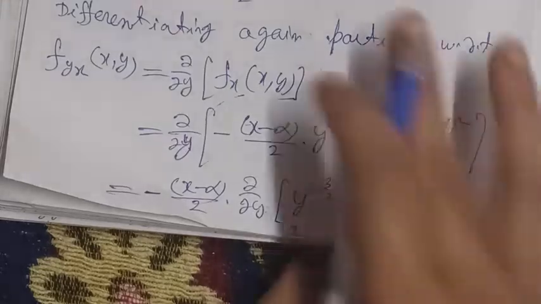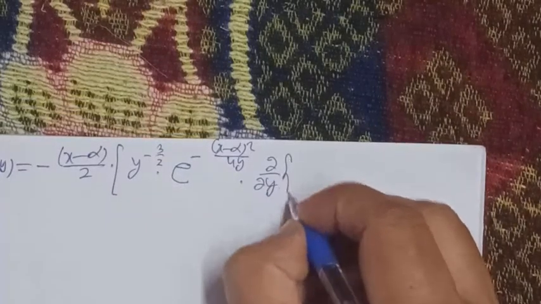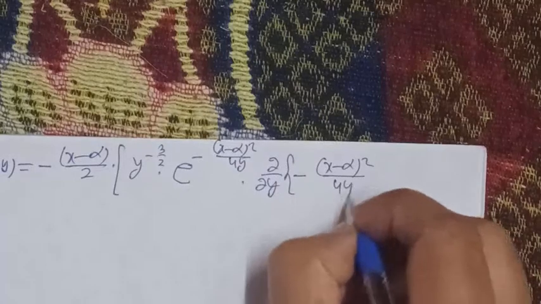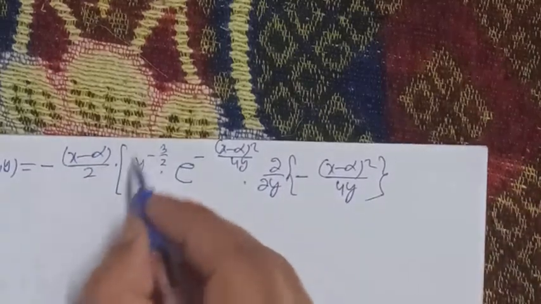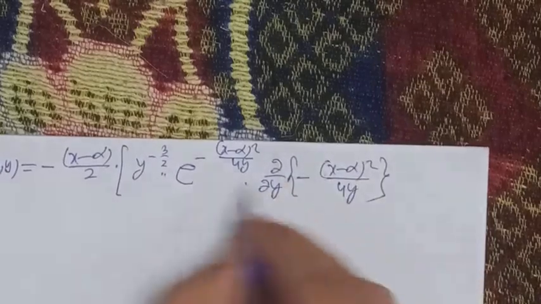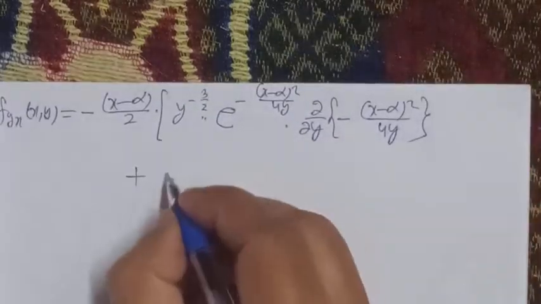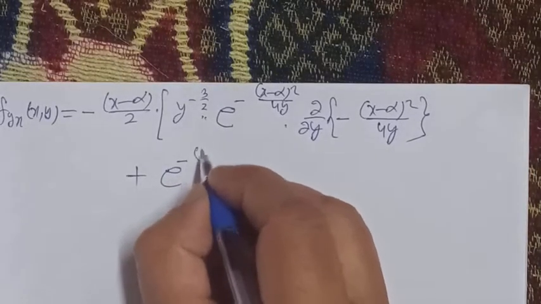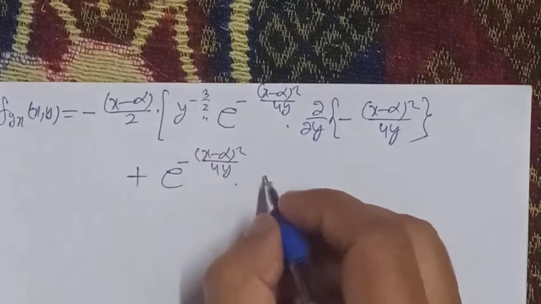So by chain rule we should differentiate it with respect to y partially, (x minus alpha) whole squared upon 4y. First function as it is, times differentiation of second function, plus second function as it is, e to the power minus (x minus alpha) whole squared upon 4y, times differentiation of first.